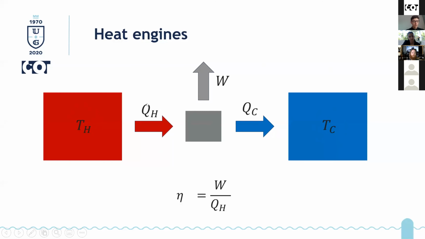And you have a heat flow from the hotter bath to the colder one through the working body that undergoes some processes, as a result of which part of this heat flow is converted into work, so into a useful form of energy. And as usually, we are interested in calculating efficiencies and also powers associated with these processes.